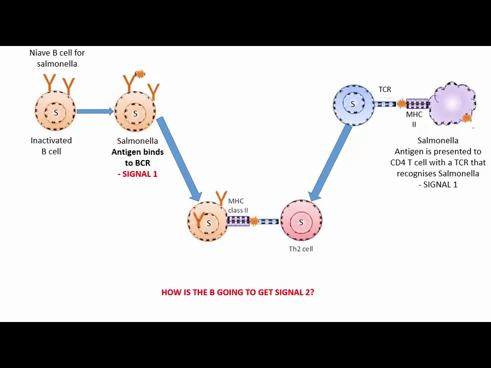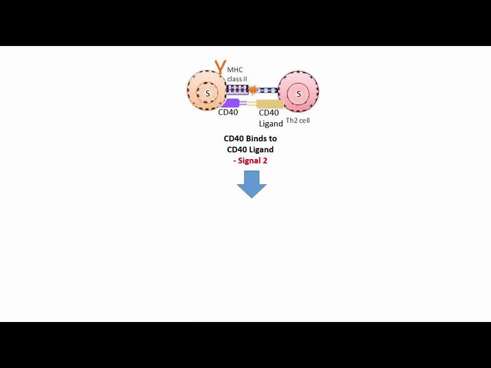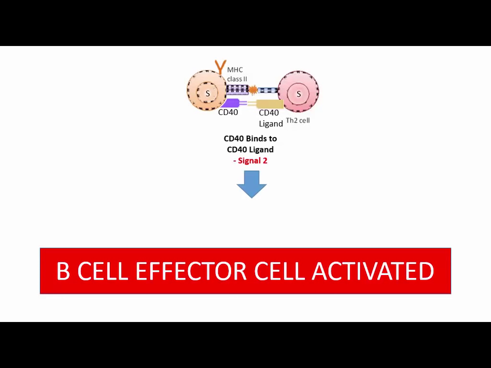One of the reasons we need this to happen is that in order for the B cell to get signal 2, it needs to bind CD40, the CD40 ligand on the Th2 cell. And at that point, the B cell is activated.